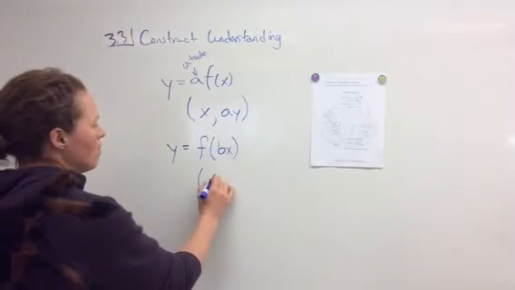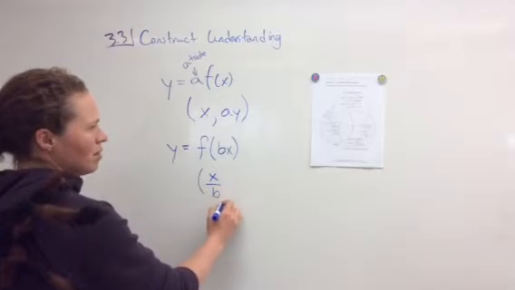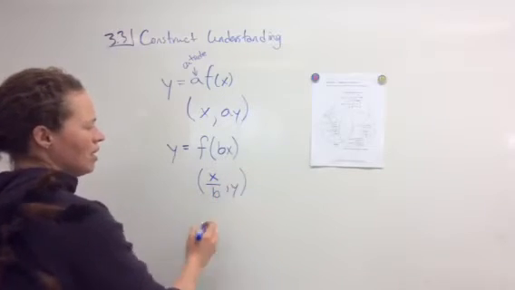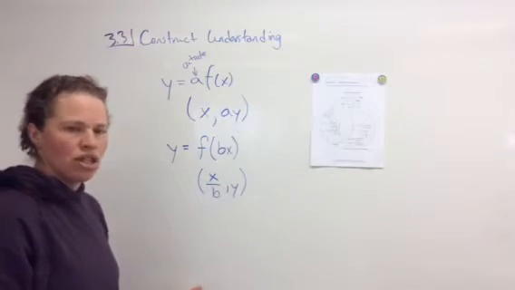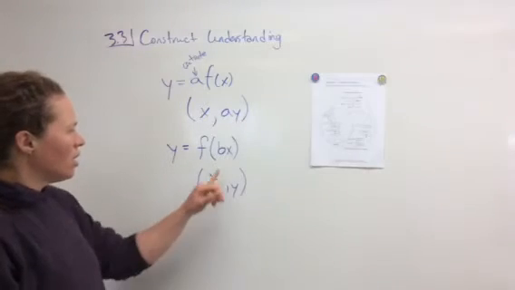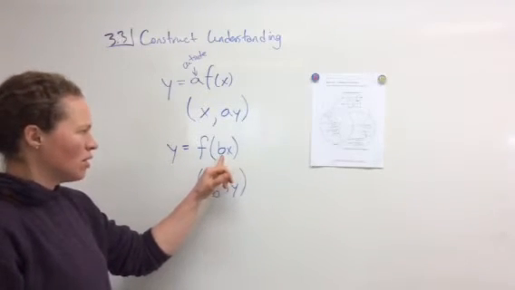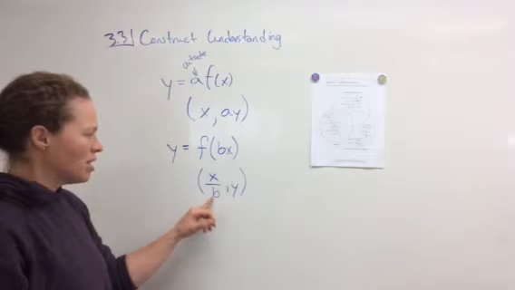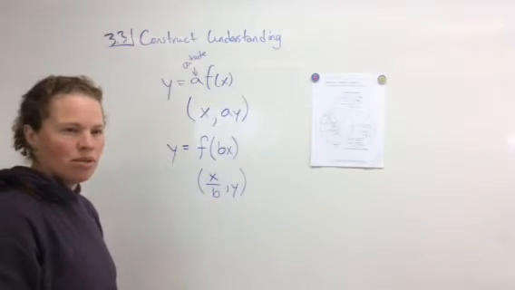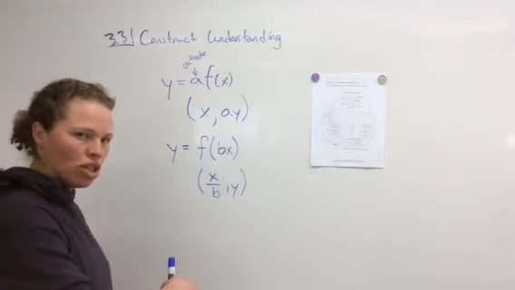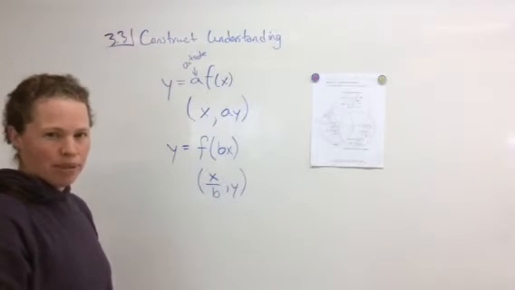So what we have then is x over b and y as my new point. So again, I can cheat. I can go, okay, well, I know that this is the number that's going to be divided by x in order for me to get my new point. So I don't have to go through all the math. I can do the cheat and just skip to that part.